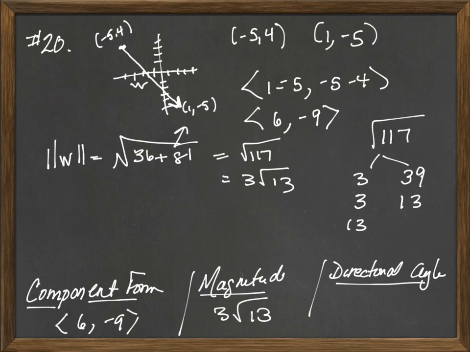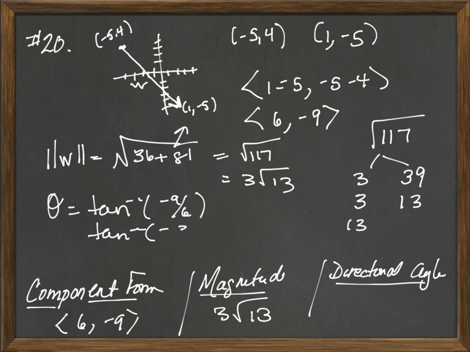All right, and theta is equal to the inverse tangent of -9 over 6, which we can say is -3 halves. Okay, and we have to look at the quadrant.